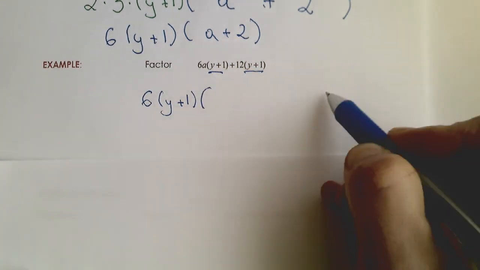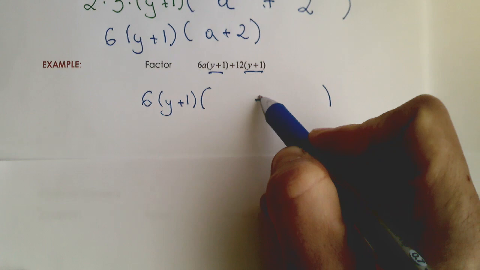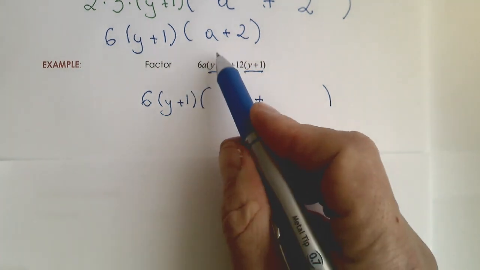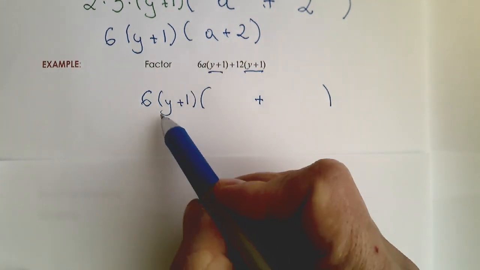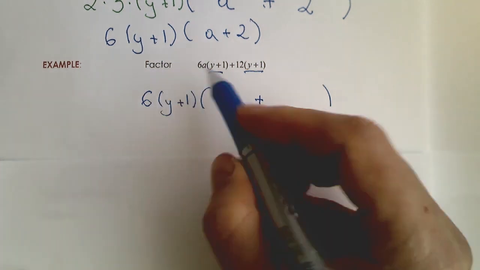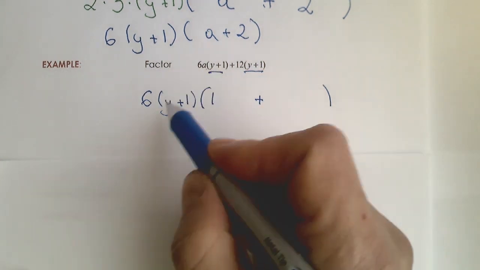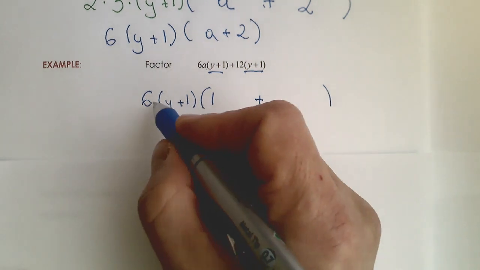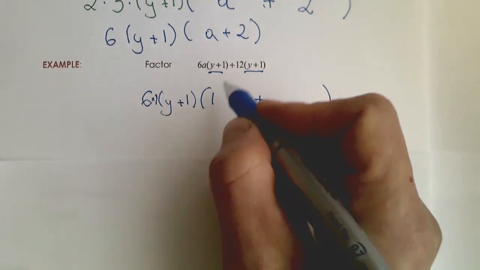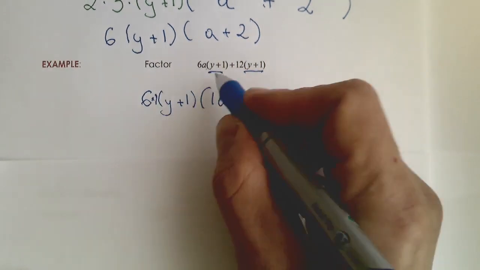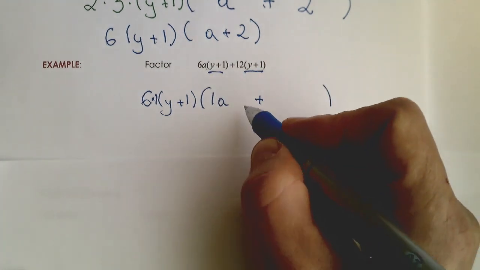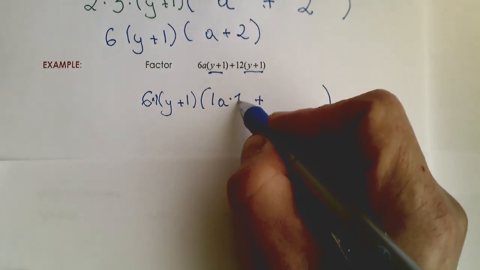And then you will open the bracket. You know you have two terms, and you will take the original term and divide by the greatest common factor. 6 divided by 6 is 1. A divided by, there's actually 1 here too. A divided by 1 is a, and y plus 1 divided by y plus 1 is 1.